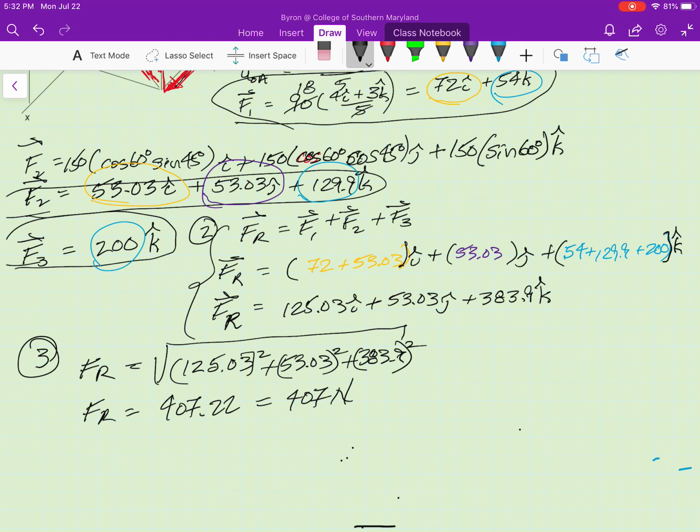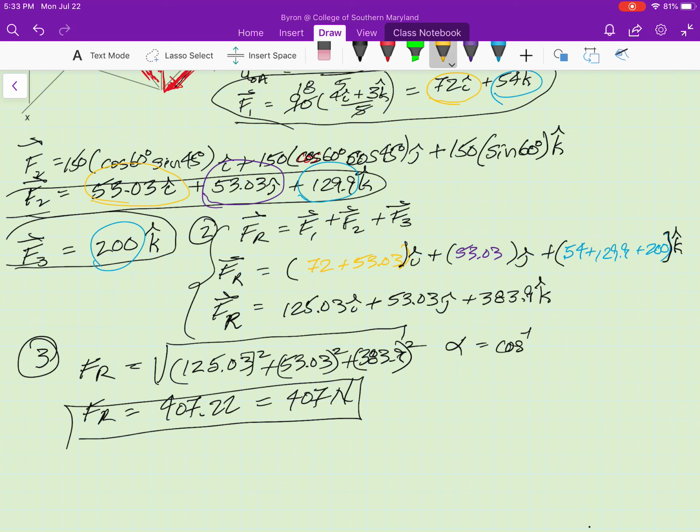The magnitude of the resultant force is 407 newtons. Now I've still kept that 407.22 and all the rest of its decimal places in my calculator. I'm going to use that for the coordinate direction angles. And my first coordinate direction angle alpha, I'm going to calculate by taking the inverse cosine of the x component of my Cartesian vector.